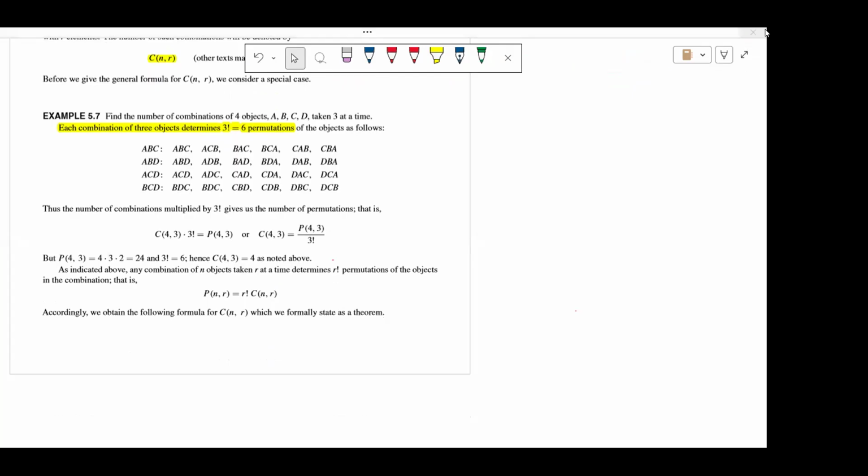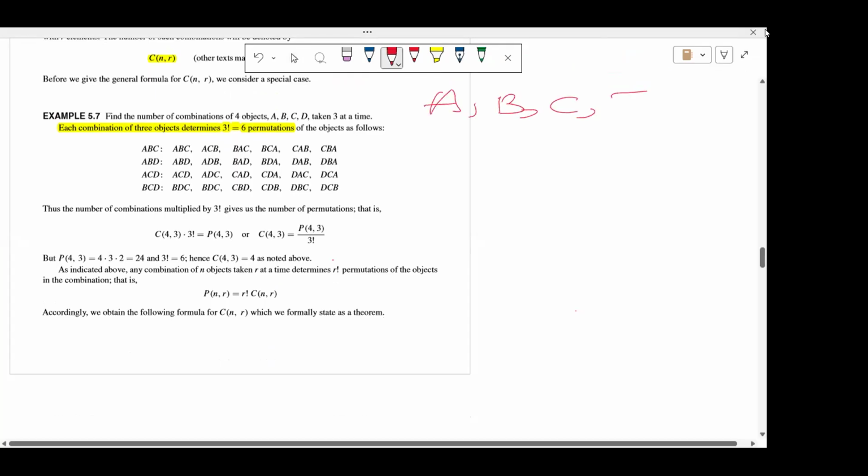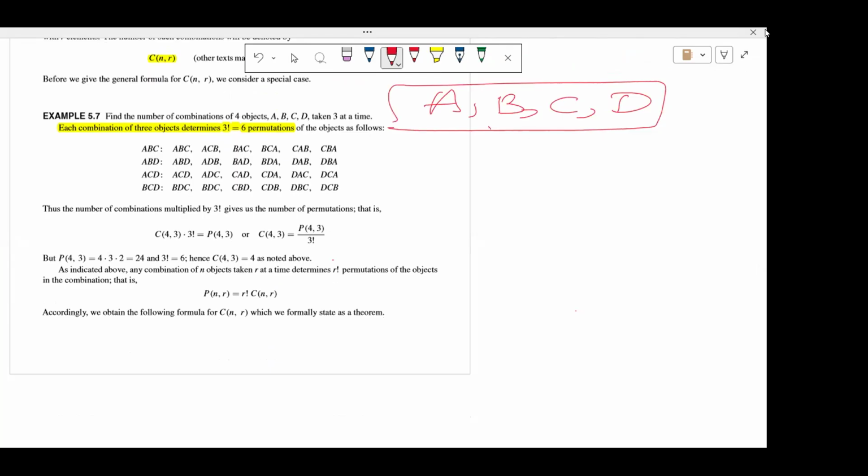There are four objects A, B, C, D. From these four objects, we need to take three objects. So let's say there are four students, and from these four students, we need to create three-student groups for a competition. So how many possible ways can we make this group? That is the question.